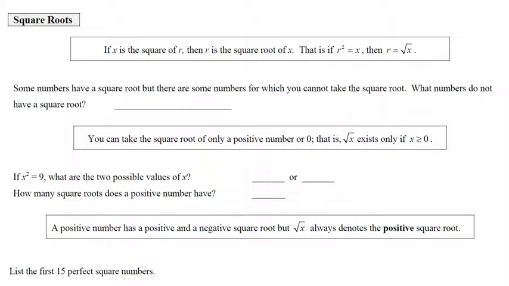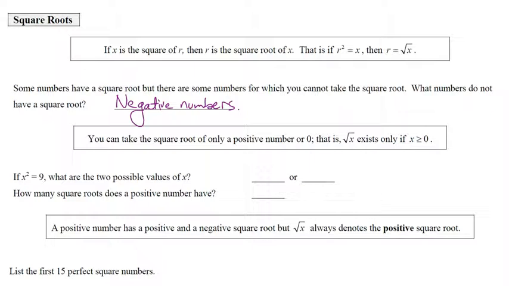What numbers do not have a square root? Negative numbers. You can take the square root of only a positive number or 0. That is, root x exists only if x is greater than or equal to 0.